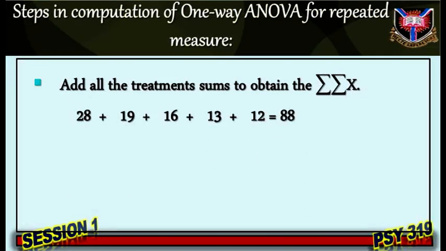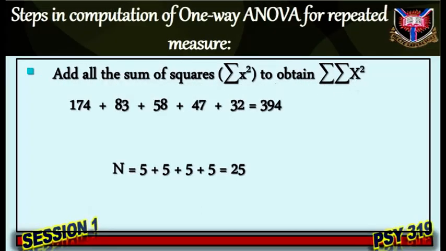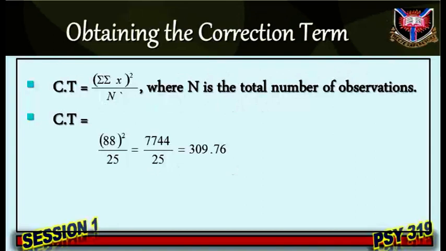C. Add all the treatment sums to obtain the sum of X. D. Add all the sums of squares to obtain the total sum of X squared. N is equal to 5 plus 5 plus 5 plus 5 plus 5, which is 25. Obtain the correction term CT, where N is the total number of observations.